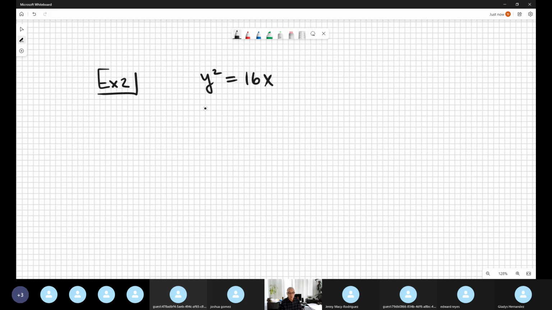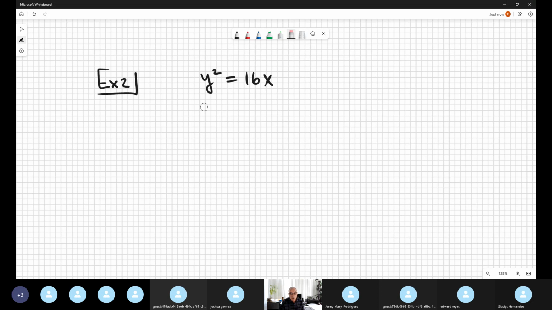Remember, we have 4 kinds of parabola. We have this, or this. Horizontal, vertical. What do you think? Horizontal or vertical? Yeah, horizontal. Ahora, to determine in what direction it opens, si es right or left.